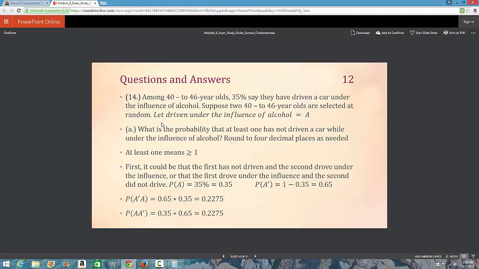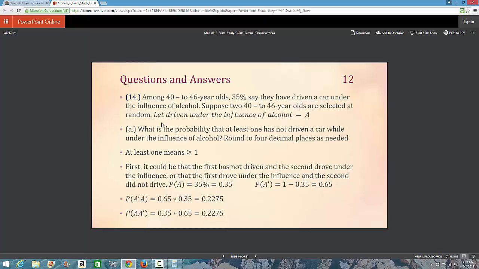Question 14. Among 40 to 46-year-olds, 35% say they have driven a car under the influence of alcohol. Please don't do so. Which means 35%, which means the probability is what? 0.35. Okay?